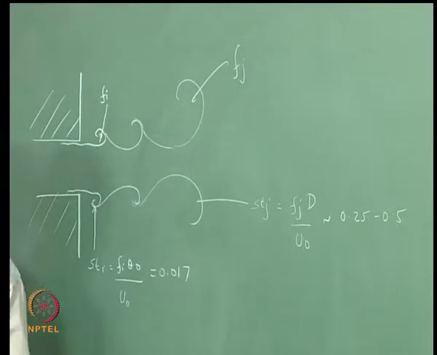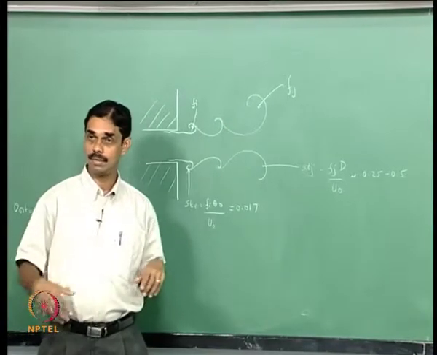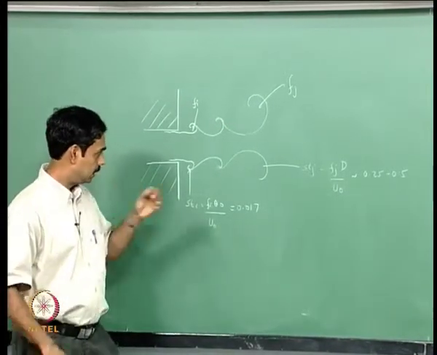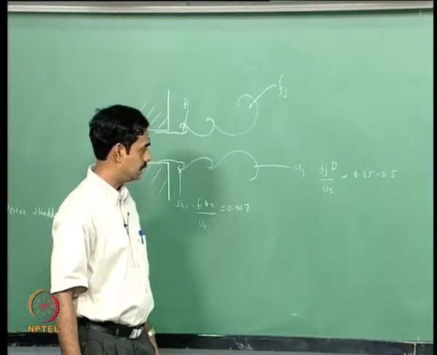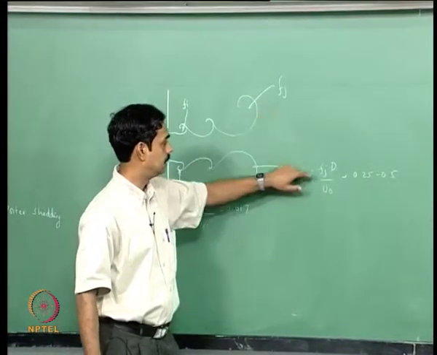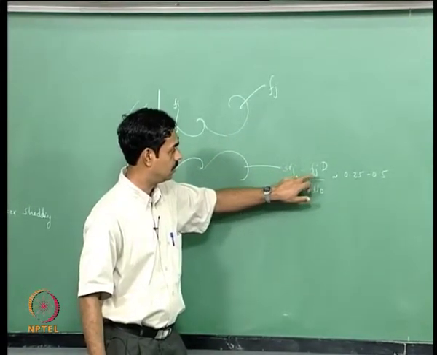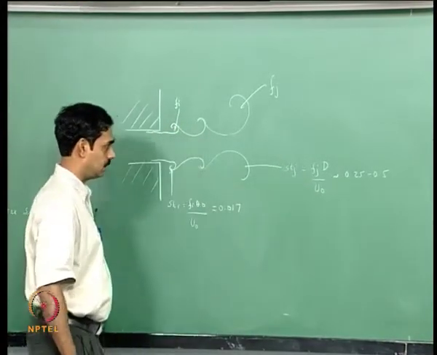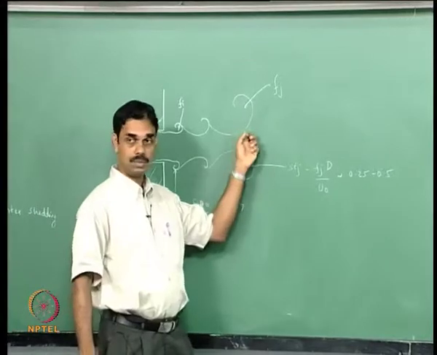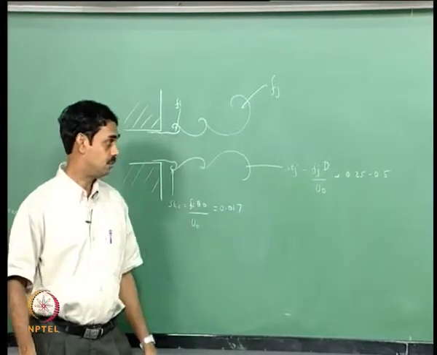Of course there will be vortex merger and interaction, and eventually you will have a lower frequency and a bigger vortex, which scales like St_D, that is, at the jet exit or at the end of the jet core you have a Strouhal number scaling in terms of the diameter of the jet and the jet exit velocity. This frequency would usually be lower, and its Strouhal number is of the order of 0.25 to 0.5.